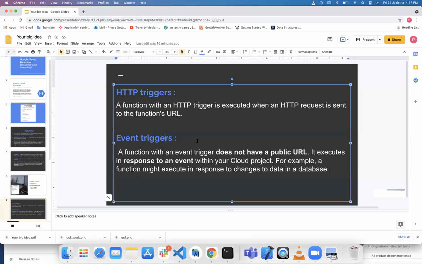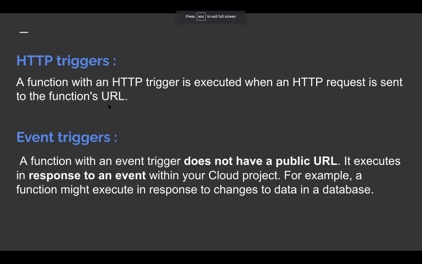In the meanwhile, we can check another trigger, the event trigger. So as we had checked for the HTTP triggers, we also have some event triggers. Every cloud service has some events. Suppose I have inserted a file into the cloud storage.